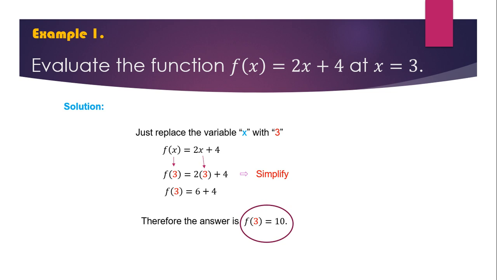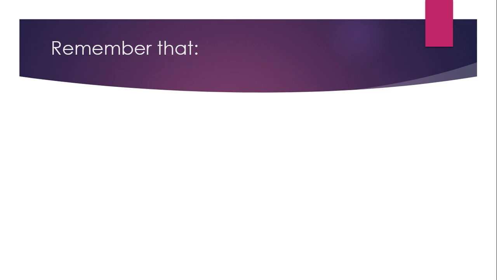So let's proceed to some reminders. So remember that f of x or f quantity x means the value of f at x. It does not mean f times x.